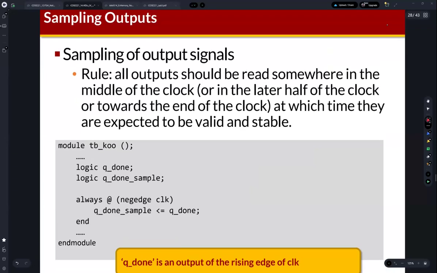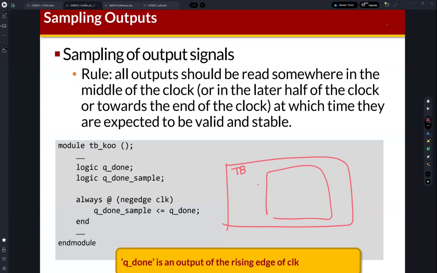Then how about the output? So this is the test bench, and the test bench generates the input signals, the input stimulus, and then the test bench monitors the output.